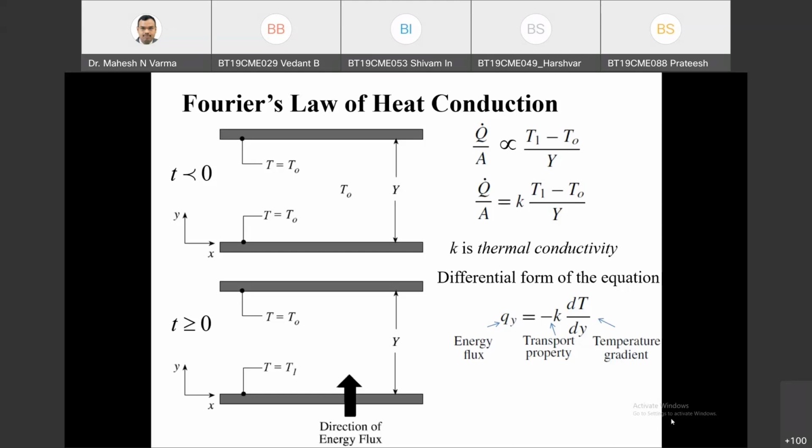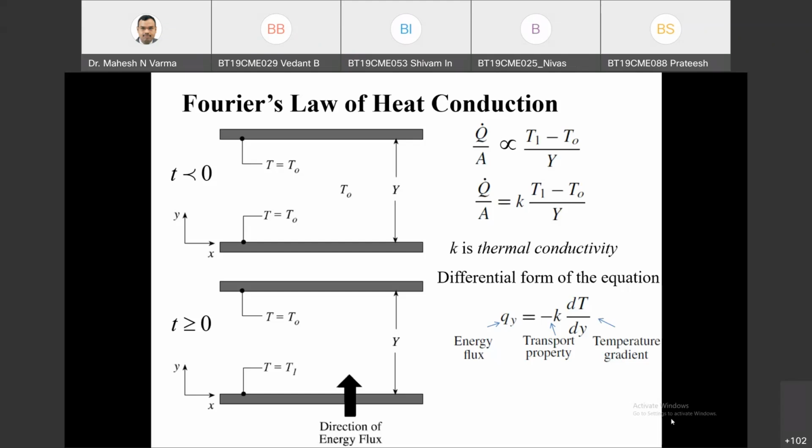Roll number 25, Nivas. Thermal conductivity in heat transfer is similar to which property in momentum transfer? It is a transport property.